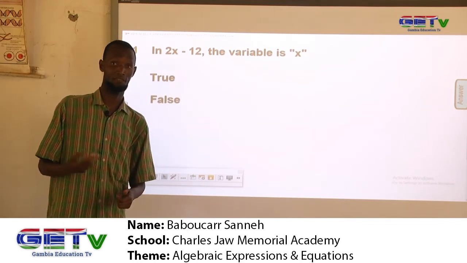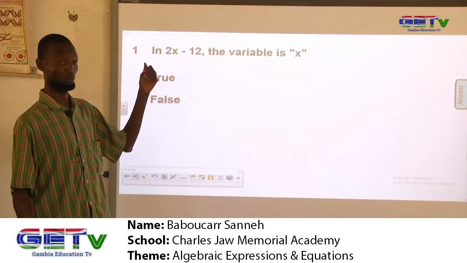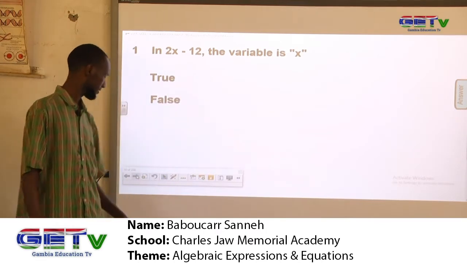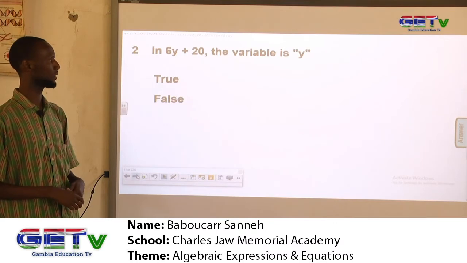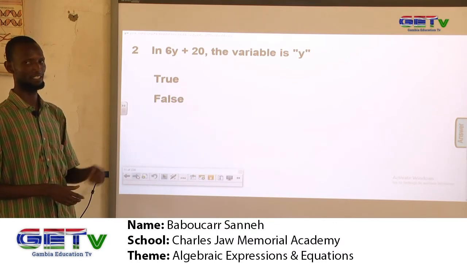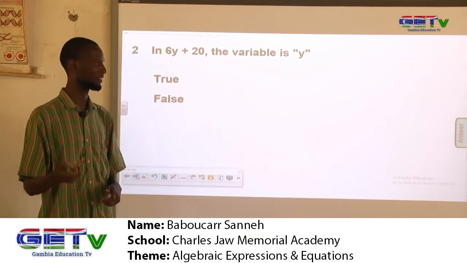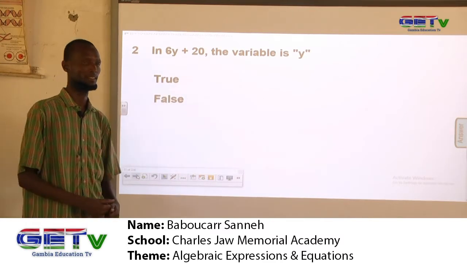Obviously, if we refer back to where we said the variable is just the letter, it is definitely true that in this case, the variable is x. Another one would be 6y plus 20. Again, is the variable there y? I can hear you say yes, because that is true. The variable here is y.